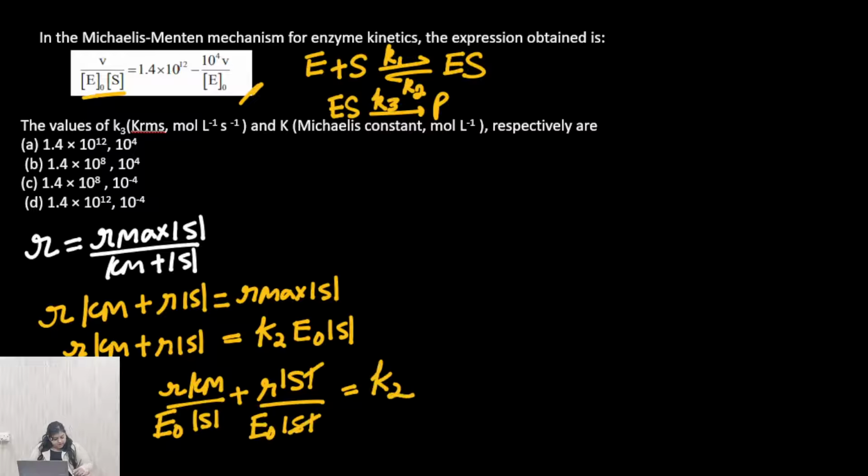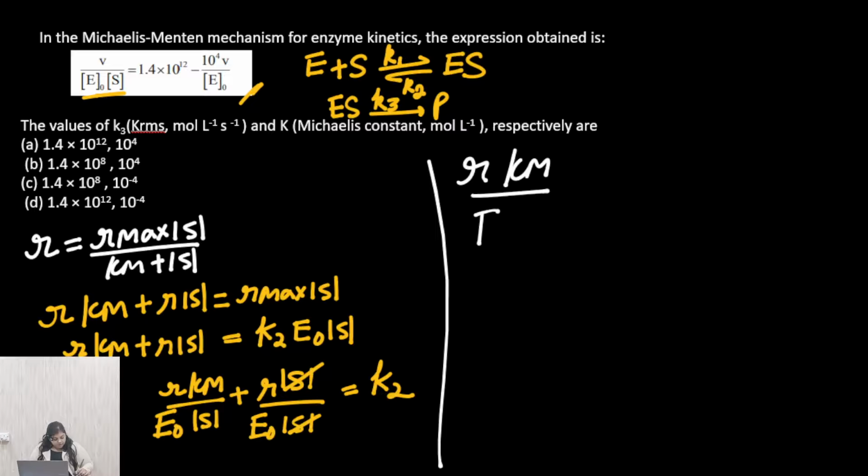So this S and this S will get cancelled out. So we are getting R into Km upon E naught into S equal to K2 minus R upon E naught. This is what we are getting.